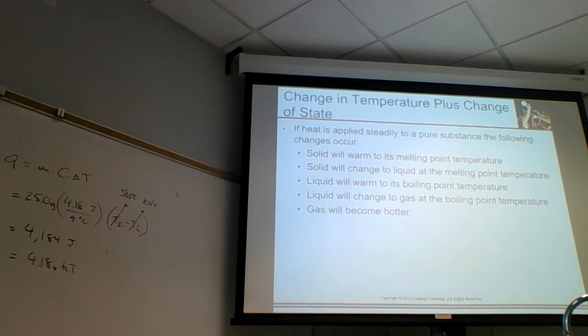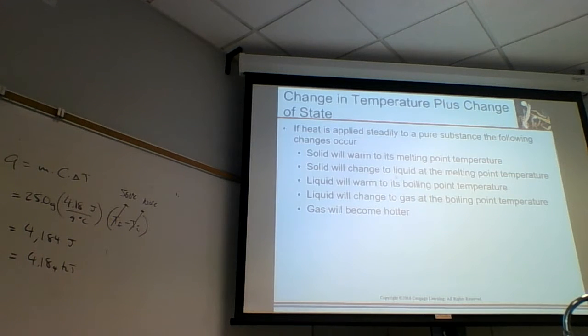All right, now what happens if we change the temperature and we have a change of state? And so this is change in temperature plus change in state. Solid will warm to its melting point.